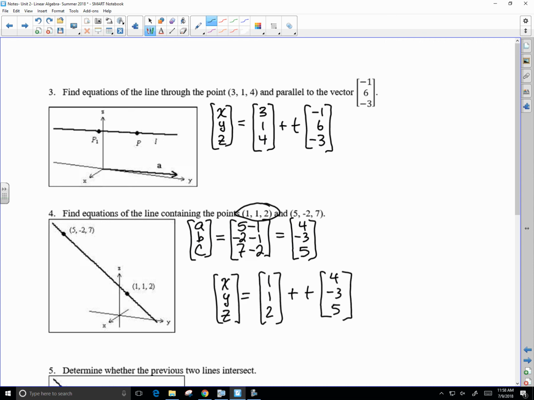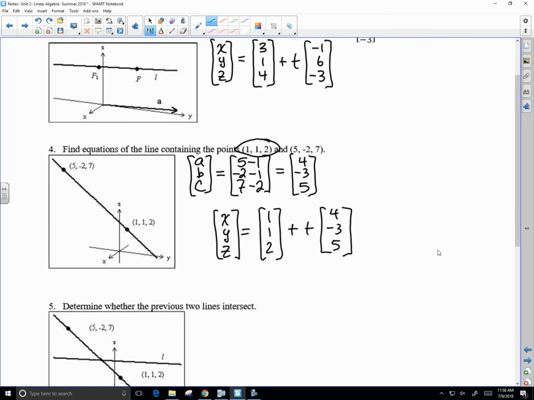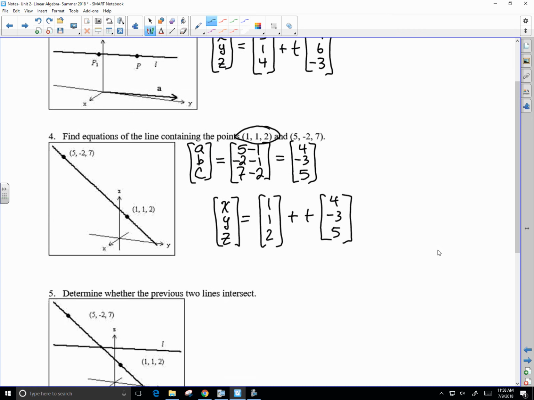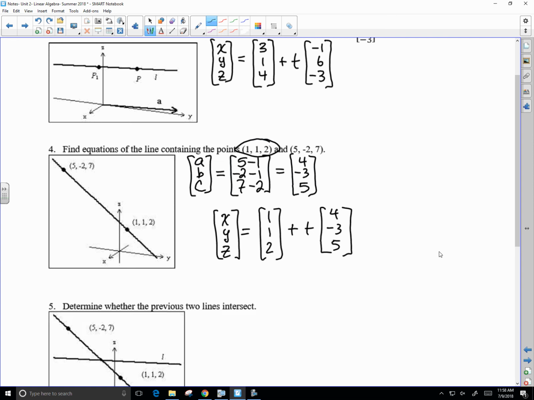All right, so now what we need to do is determine whether they intersect. All right, so we have a kind of quirky situation here. Let me show you. Let me just reproduce the two equations down here, but I'll write them as separate equations.